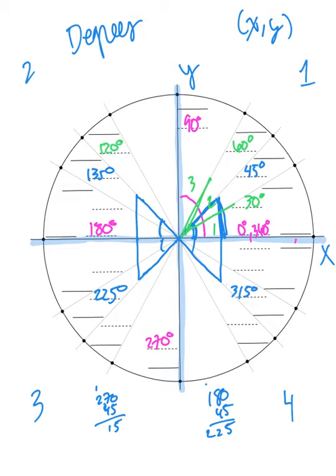So this is 120, 135. This is 150. 180. Oh, crap, I wrote it in the wrong place. Dang it. That's okay. Everything is fine. 150, right? It's gorgeous. So same thing. I'm going to add 30 degrees to 180, which is 210.